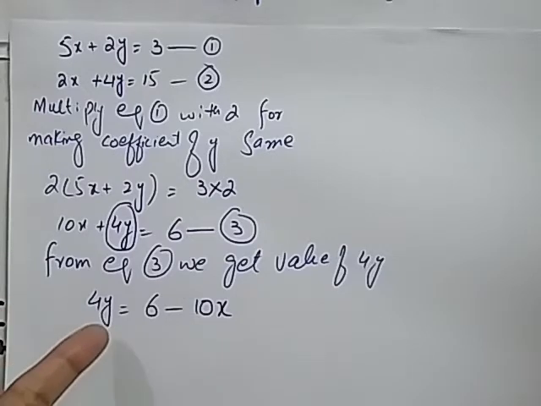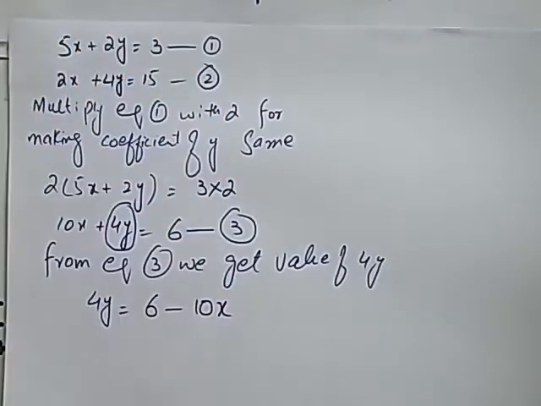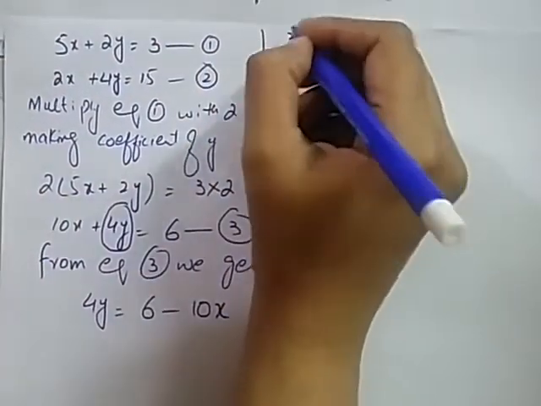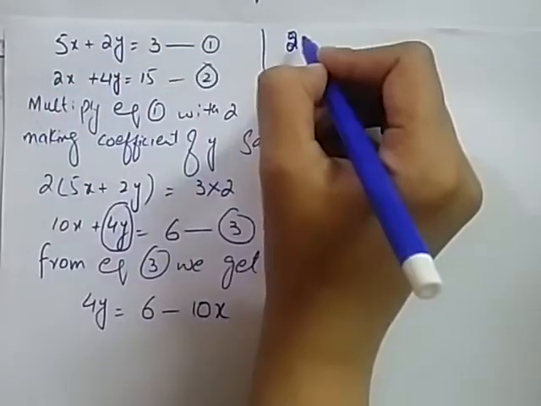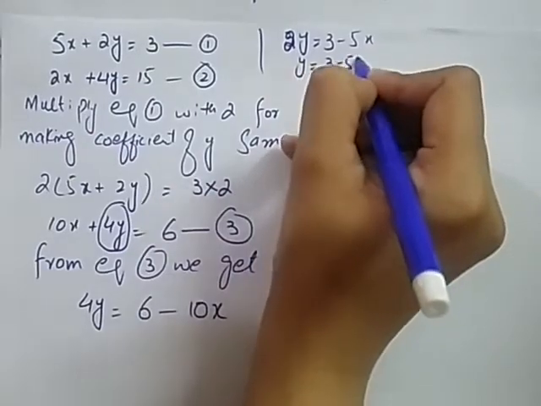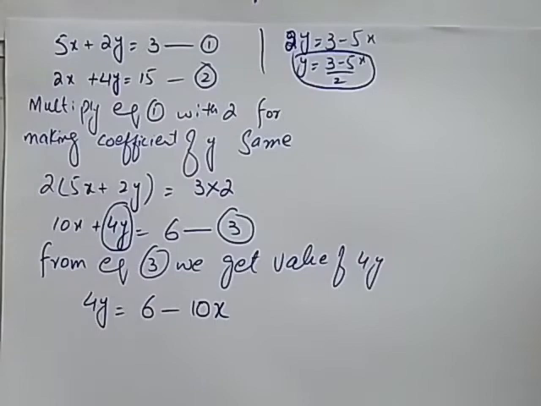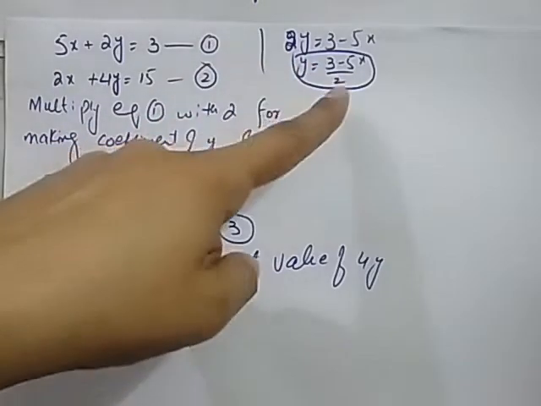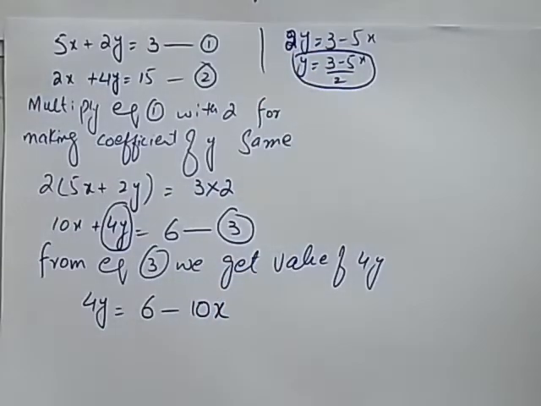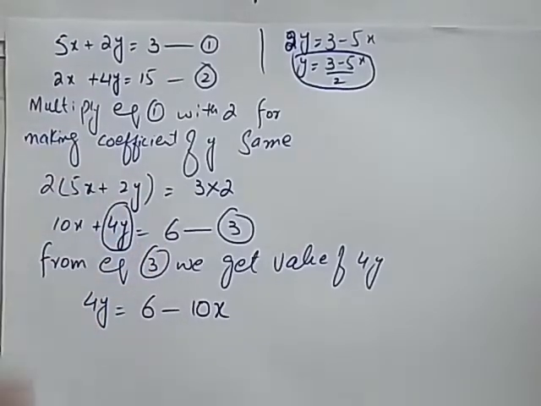I could take the value of y from equation 1, for example 2y is equal to 3 minus 5x, or y is equal to (3 minus 5x) over 2, but it will become a fraction. It will be difficult for you to solve such fractions. So I made it easy for you: first of all you must make the coefficients of the variable the same, then it will be easy to substitute the value.